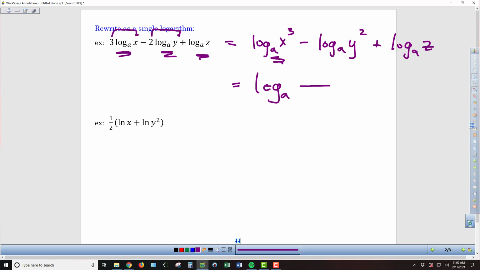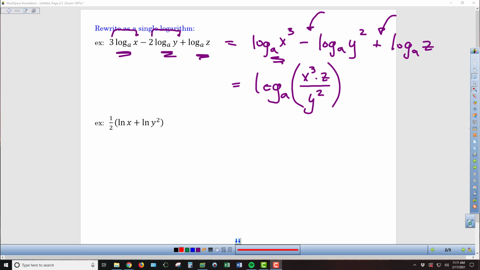So the log base A of x cubed, that's positive, so that's going to go up top. Then we have minus the log base A of y squared, so the y squared is going to end up in the bottom. And then finally we have plus the log base A of z, so that's positive, so that's going up top. So our expression can be combined into the log base A of x cubed z over y squared.